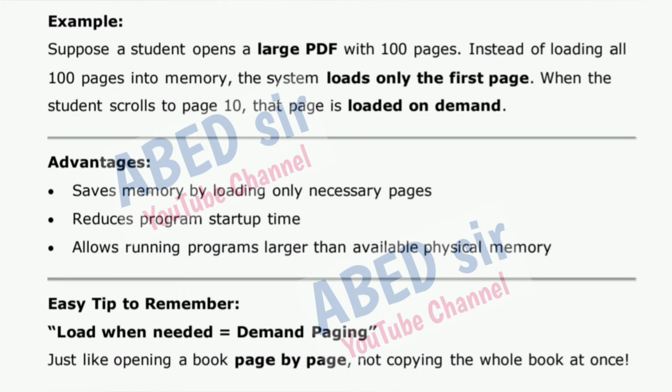Advantages: saves memory by loading only necessary pages, reduces program startup time, and allows running programs larger than available physical memory. Easy tip to remember: load when needed is equal to demand paging. Just like opening a book page by page, not copying the whole book at once.